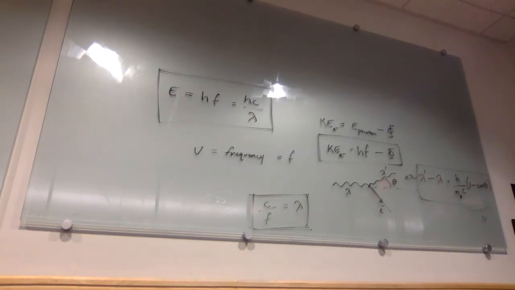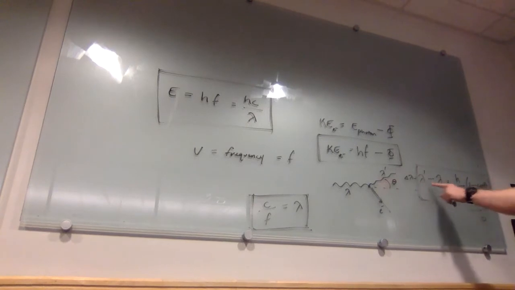In assignment 5, it has you plug in for theta equals 90. So then you get that your change in wavelength is a negative value, and you can't have a negative wavelength. So does that mean that it... You can't have a negative wavelength, but you can have a negative change. Yeah, because that would just mean that your new one is less than your original.